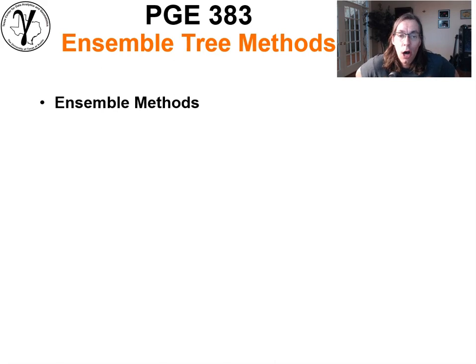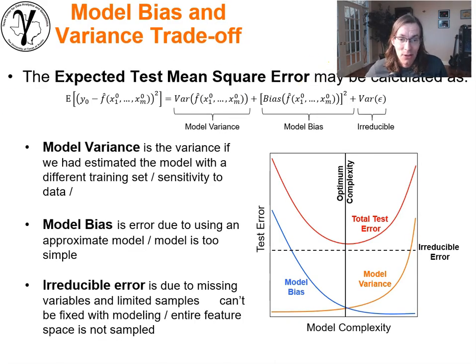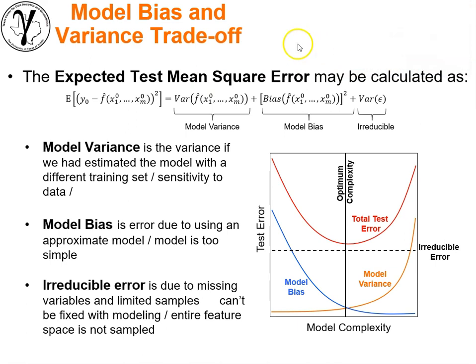What are we trying to accomplish with ensemble methods? Well, I've shown this figure so many times, you all might be getting kind of bored of it. The expected test mean squared error, this is taken directly from the book James and all, a schematic drawn from one of their figures there. We can expand expected test mean squared error and get three different variance components or error components, and we find that they are additive.